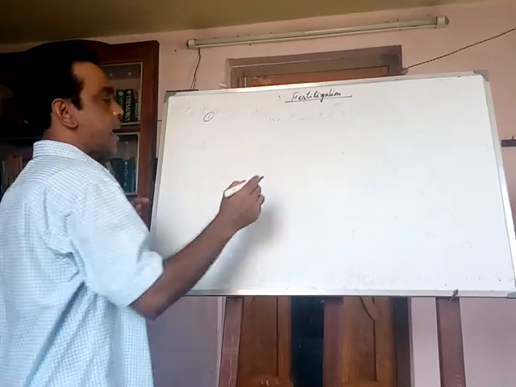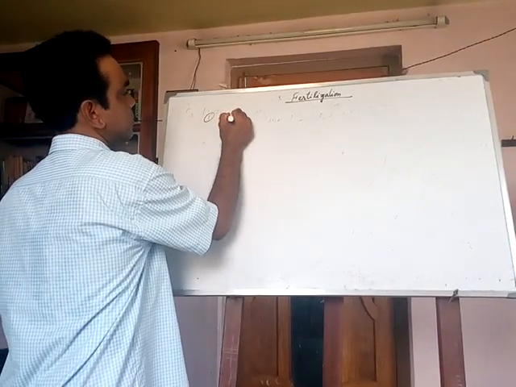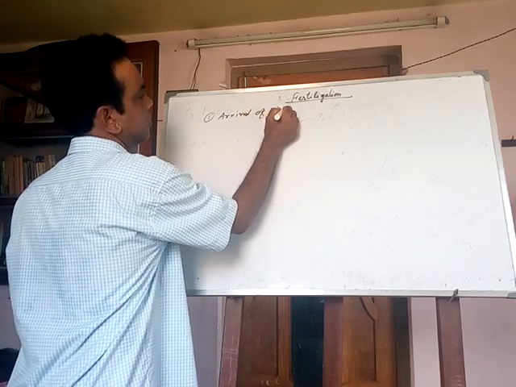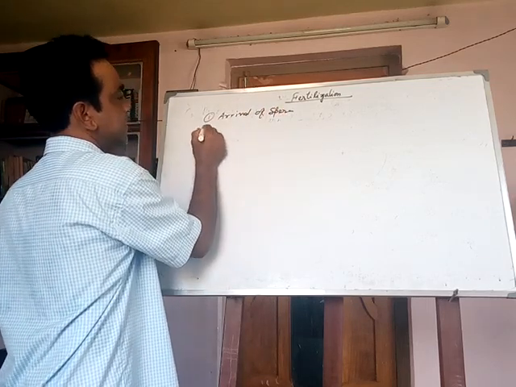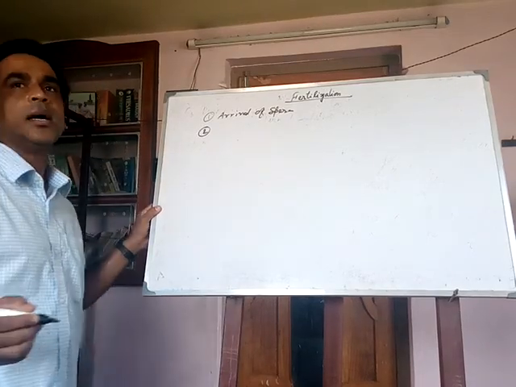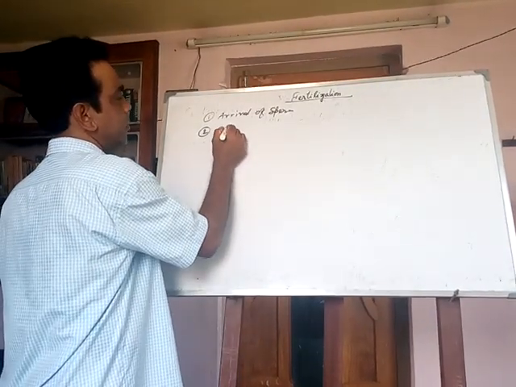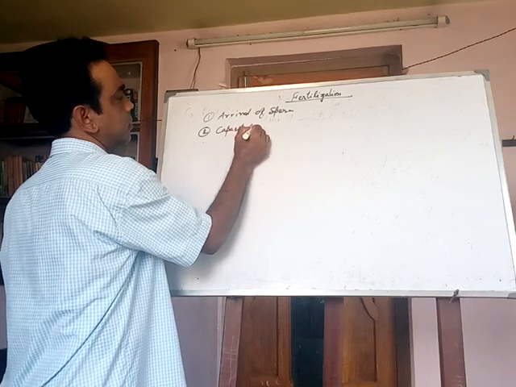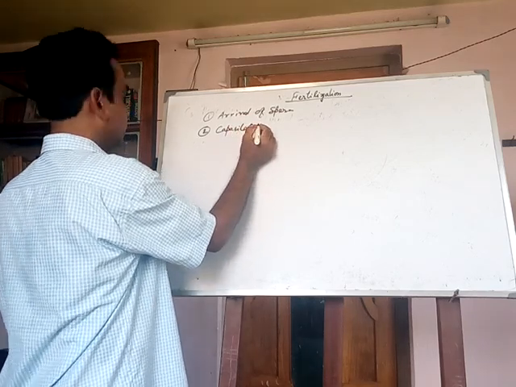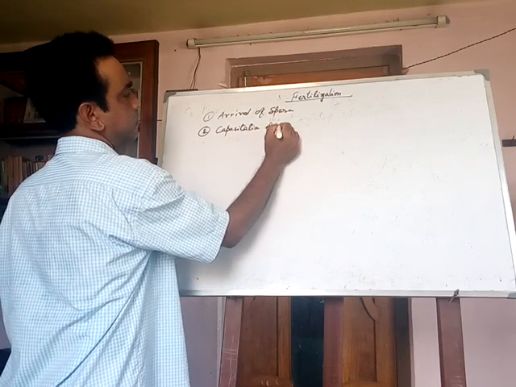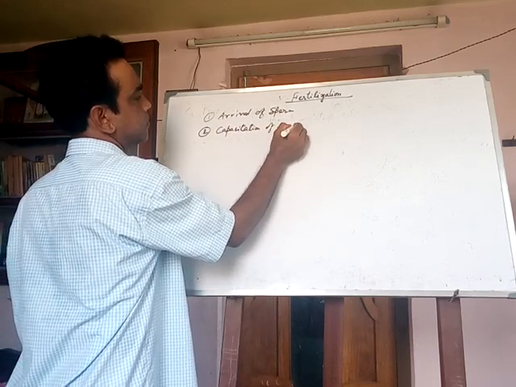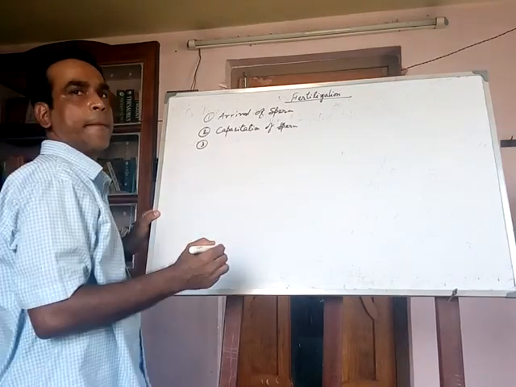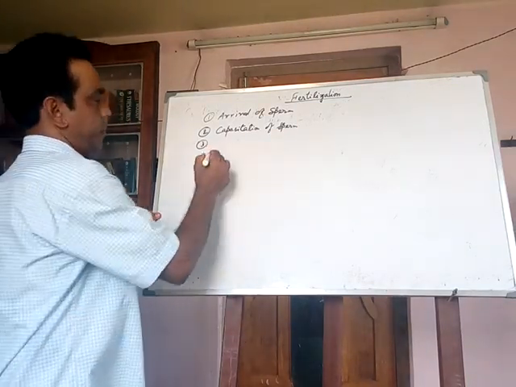First step is the arrival of sperm. Second step is the capacitation of sperm. Third step is the contact of ovum and sperm.